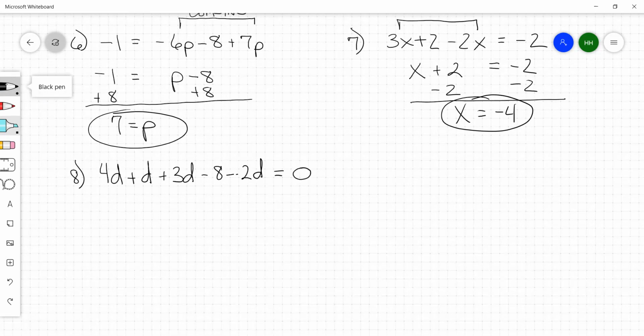You got to combine all these d's. So a 4d plus a 1d is 5d plus 3d, 8d minus 2d, 6d. Takes care of all your d's. That one, that one, that one, and that one. You drop down your minus 8, and it's equal to 0.